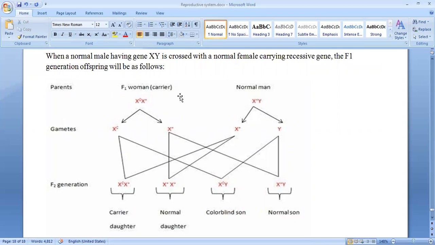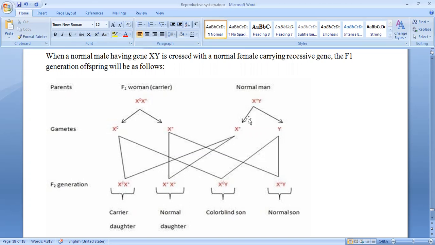And here, this woman, let us say the man is not having the color blindness gene, but the woman is a carrier. She is not having color blindness, but she is carrying the gene for color blindness. So that is indicated as XC, with that superscript C, and the other chromosome is a normal chromosome, so X star. Now when the gametes are formed, one will be the XC gamete and one will be the X star gamete.